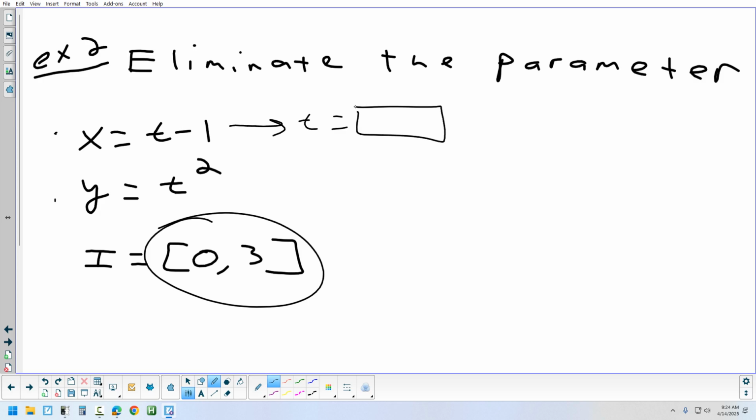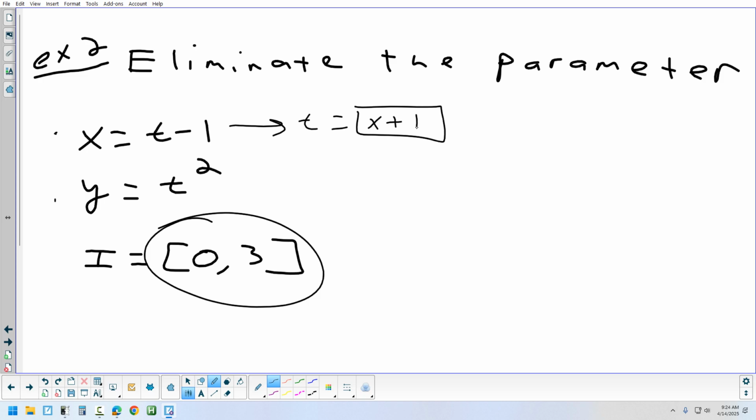What would t equal in that top formula? T equals x plus 1. T equals x plus 1. And now, what do we do with what's in that box? We turn to a y equals equation, so it's no longer y equals t squared, it's y equals x plus 1 squared. So what am I going to write? X plus 1 squared.